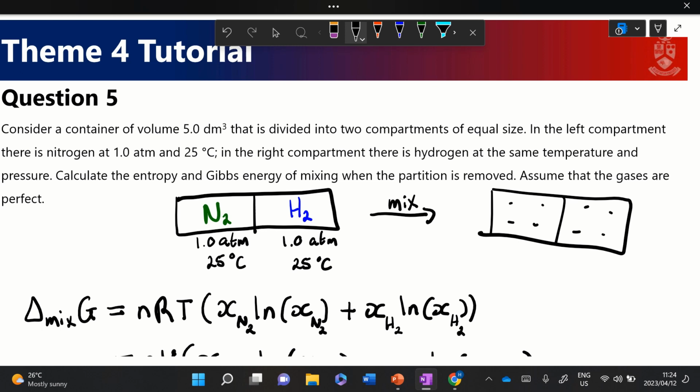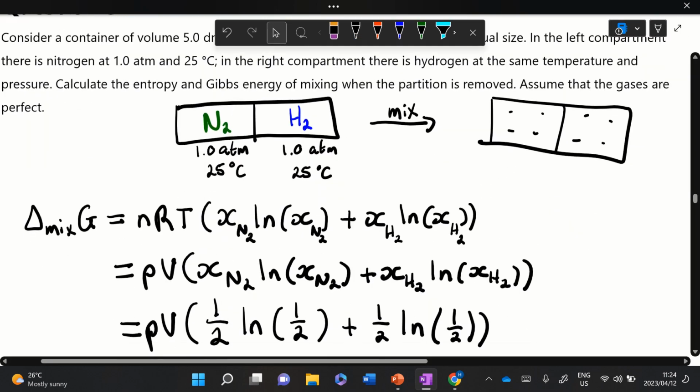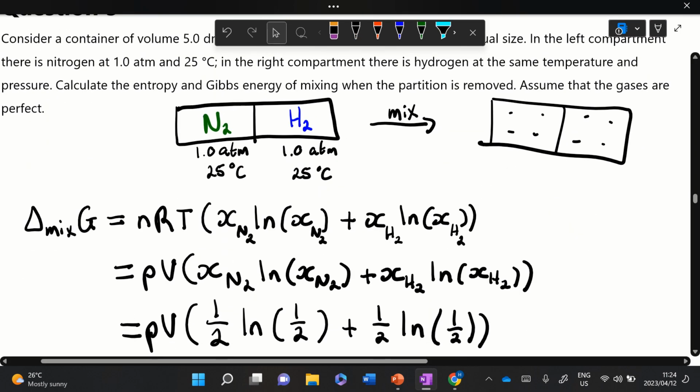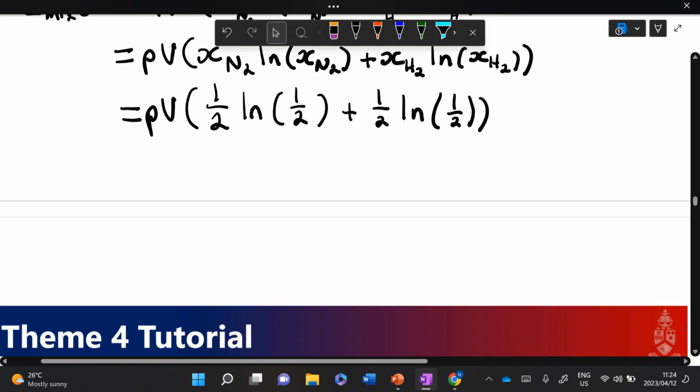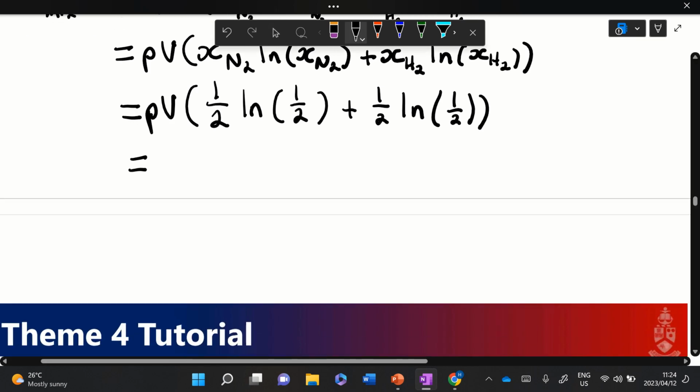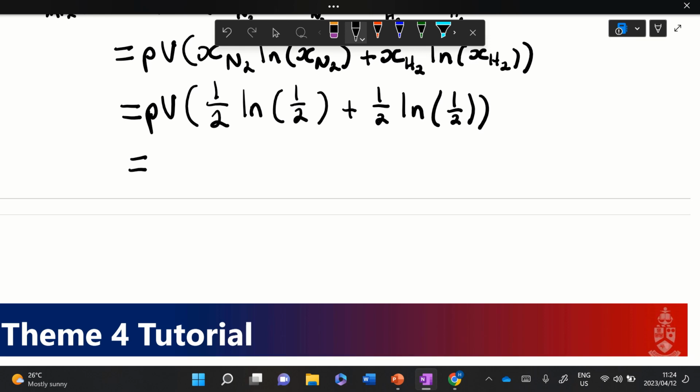Then what's the mole fraction of them on the left hand side? It's 4/8, and on the right hand side it's 4/8. So in other words, there's no more on the left hand side than there are on the right hand side, so it's a half and a half. So you can just plug in all of them. So then this becomes, if you just quickly, you can do your log rules.